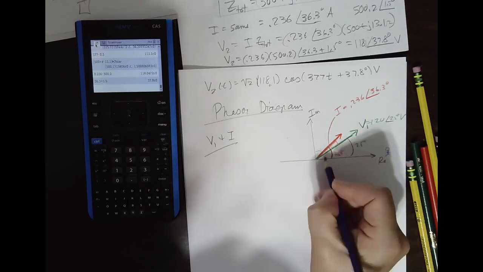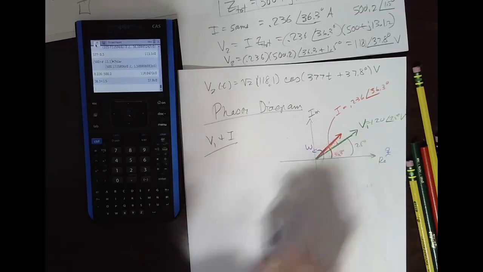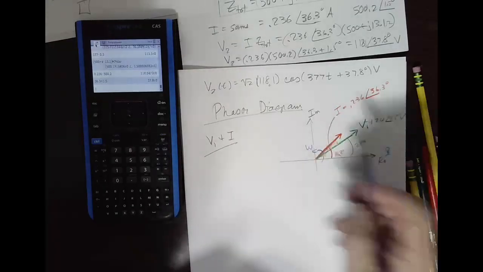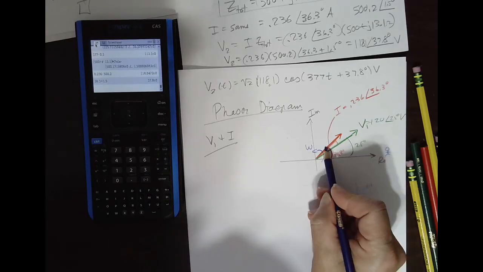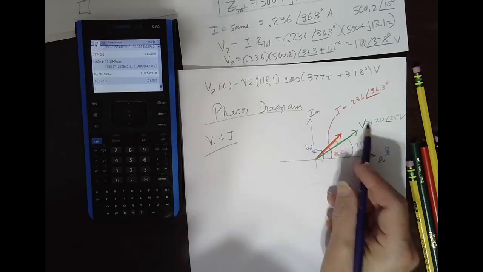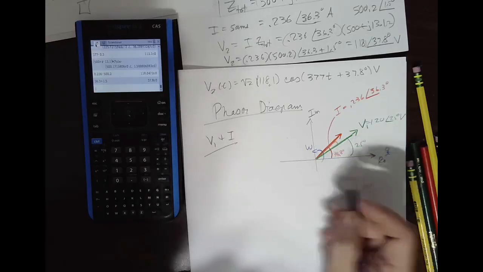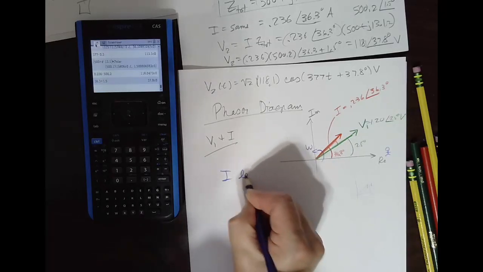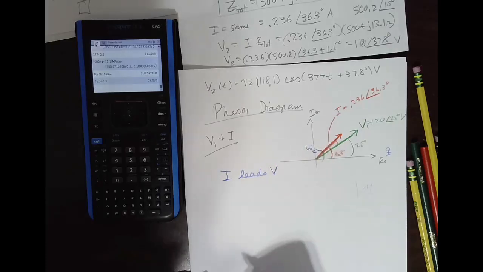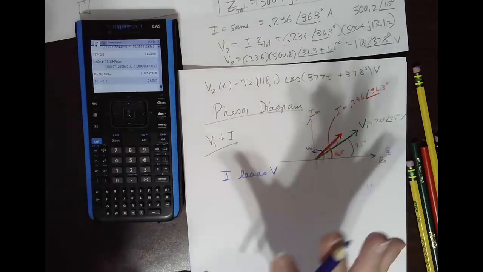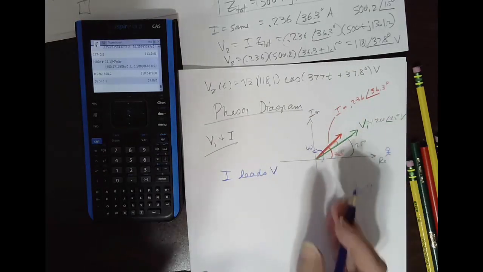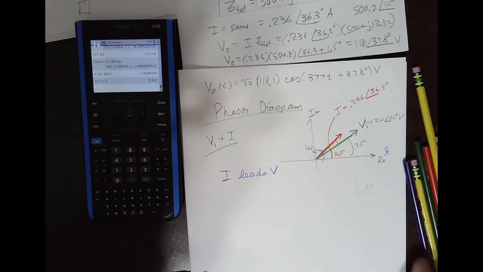If these are rotating with a frequency omega, radians per second, angular velocity, I comes by first, and V1 comes by a little bit later. And so we would say I leads V, current leads the voltage in this case.